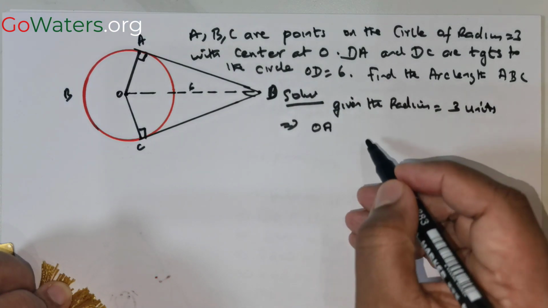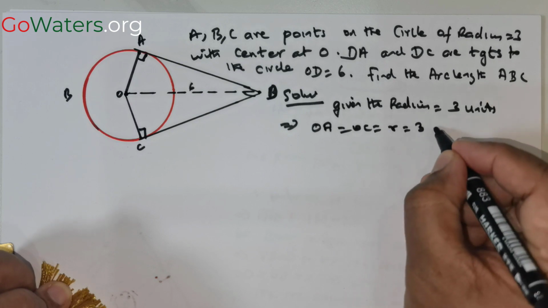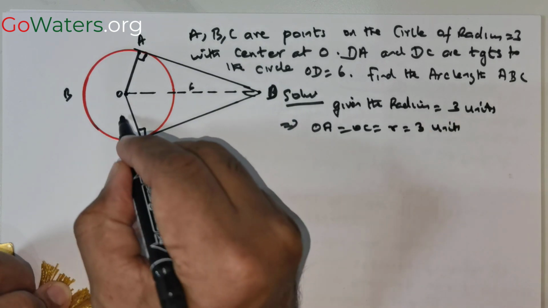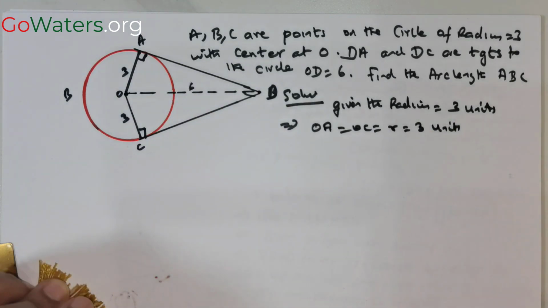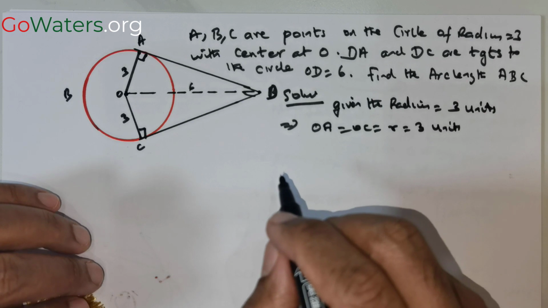So this would mean OA is equal to OC is equal to r, which is equal to 3 units. So place that 3 units. So we have done steps 1 and 2.